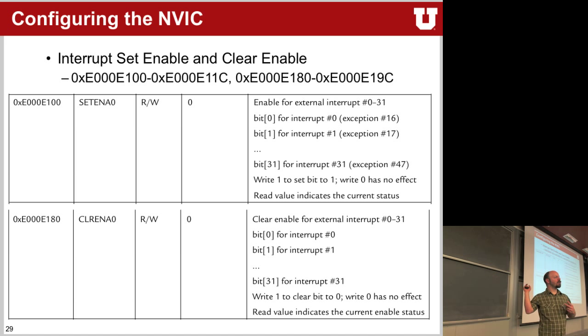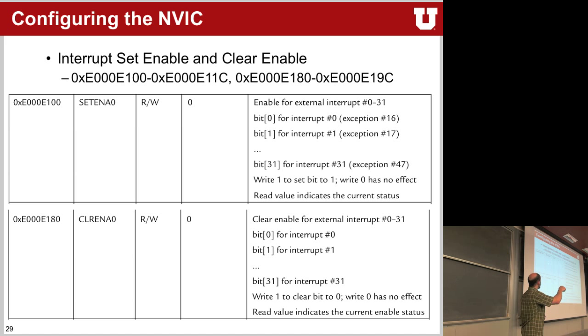Remember I gave you an example over here before. Why do you think this is important? You have a register where if you set one of the bits to 1, the interrupt will be enabled. And we have a second register where we have to set the bit to 1 to disable the interrupt again. With this way, it's very easy to enable or disable just one interrupt, without having to read out which interrupts are actually enabled right now, doing a mask on it, and then writing it back.